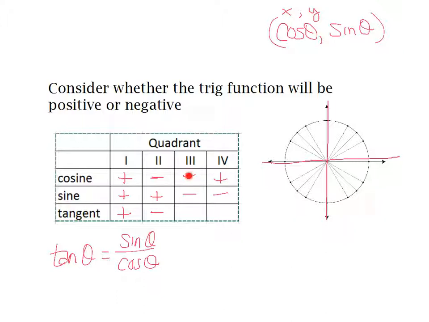When I put a negative on top of a negative, I'm going to end up with a positive. In the third quadrant, tangent is actually a positive value. And in the fourth quadrant, we'll be back to a negative. You always need to be sure that you're careful as you decide what the sine or cosine or tangent value is, that you also acknowledge what its sign will be, whether it should be positive or negative.